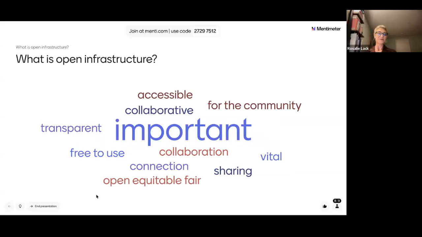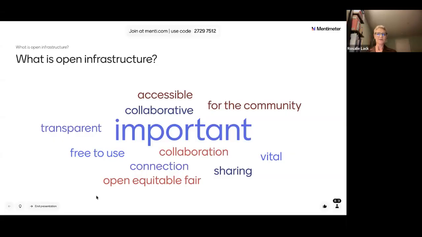If you see a word there you really like, go ahead and vote again, so we can see what pops up. I'll give it another 30 seconds or so to see if any other terms come up. For the community, transparent, that's a good one. Sharing. Okay, any other terms come to mind?